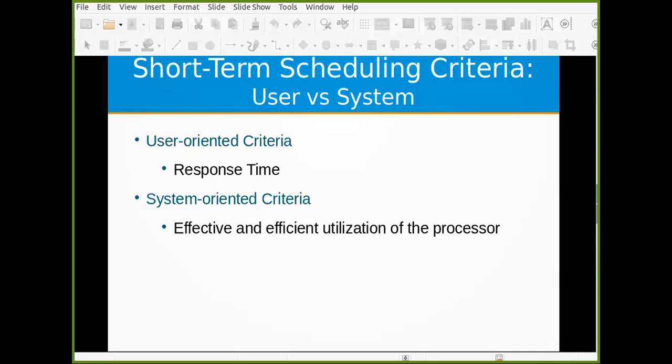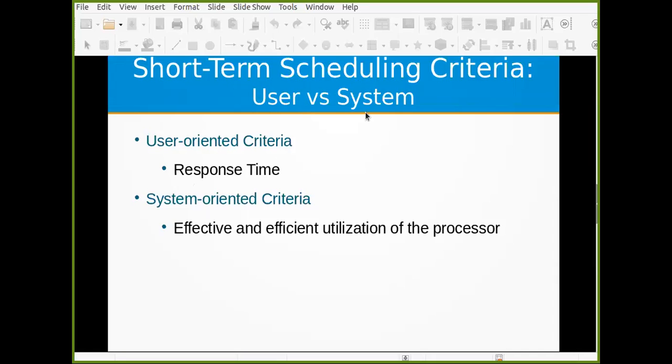When it is user oriented criteria, as a user of your system, what is your biggest expectation from your machine? No waiting time, right? It should give response as quickly as possible, isn't it? So response time is one possible criteria from the user perspective.